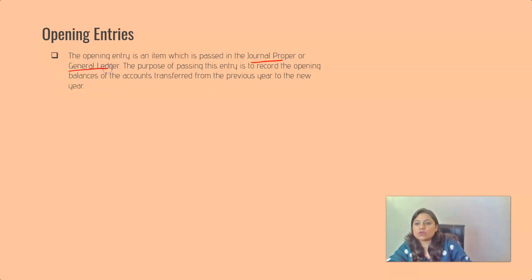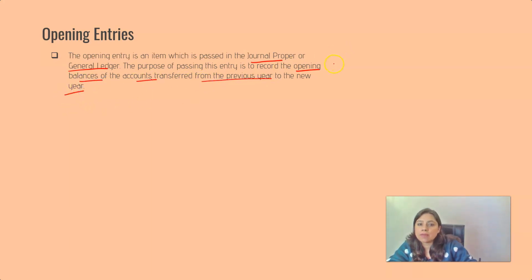Journal, as we all know, is the gist of all the accounting transactions that happened during a particular accounting period, and the ledger accounts would have opening balances which have been carried forward from the previous years. The purpose of passing this entry is to record the opening balances of the accounts which are transferred from the previous year to the new year.